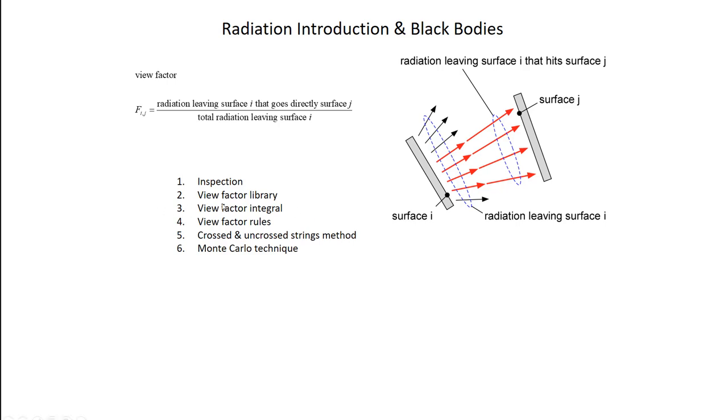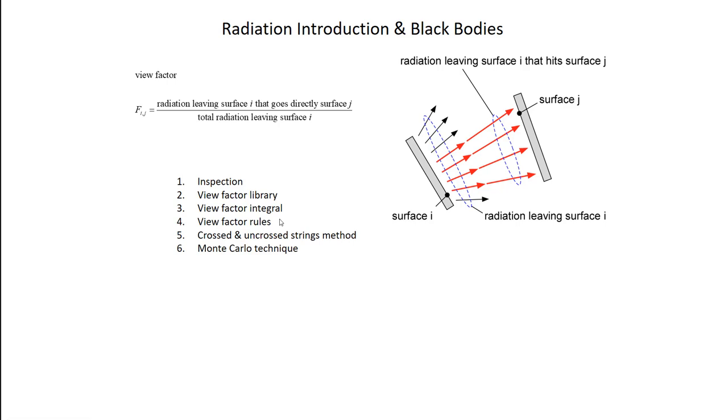There is this view factor integral that you can just do in general for any two surfaces. It's a double integral. We're not going to do it in this class, but I'll show you what it looks like. There are these useful view factor rules, in particular the enclosure rule and the rule called reciprocity. And those rules are helpful in that they let you turn maybe just one or two view factors into additional view factors.